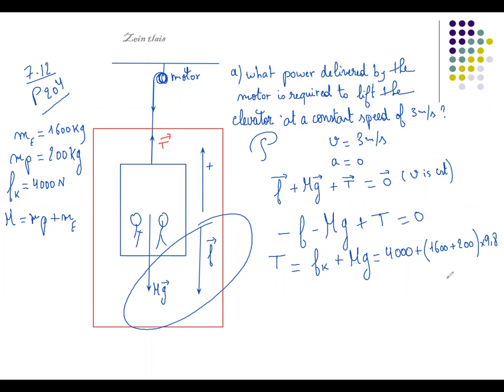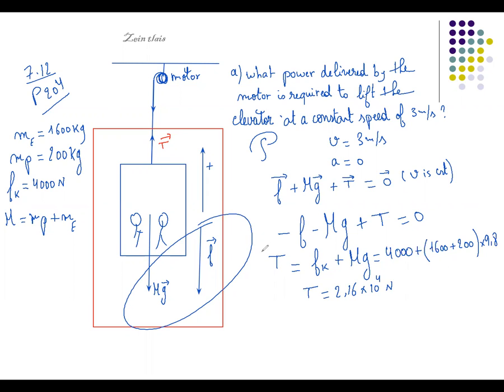Okay, we get T equals 2.16 times 10 power 4 Newton.